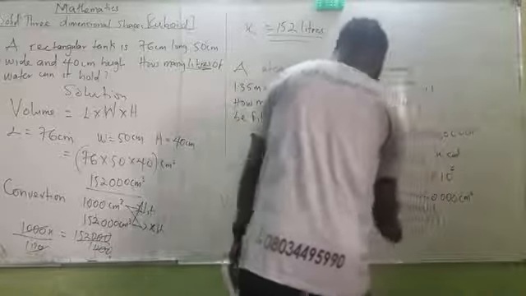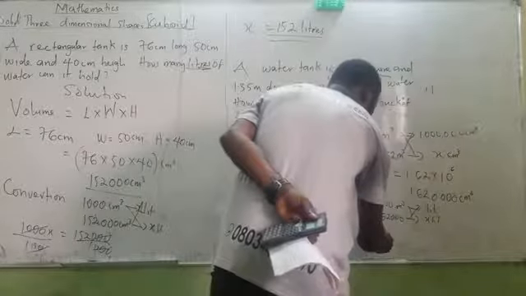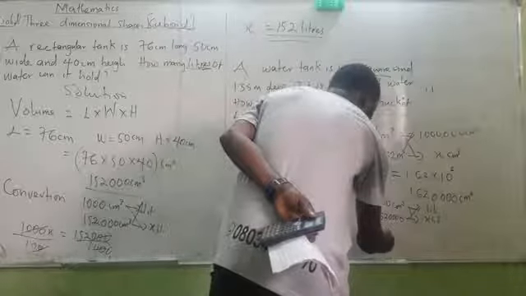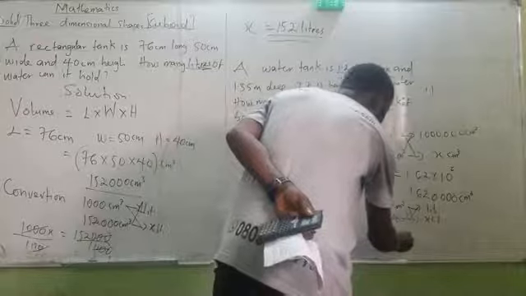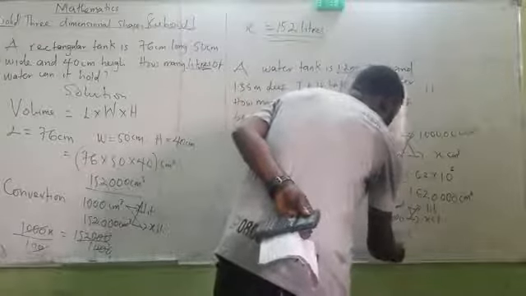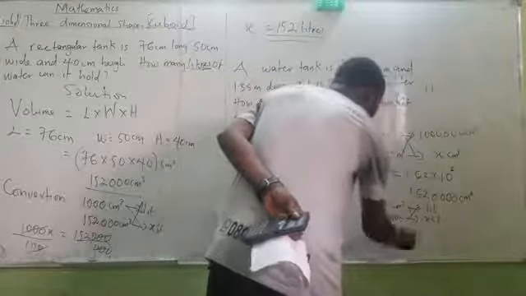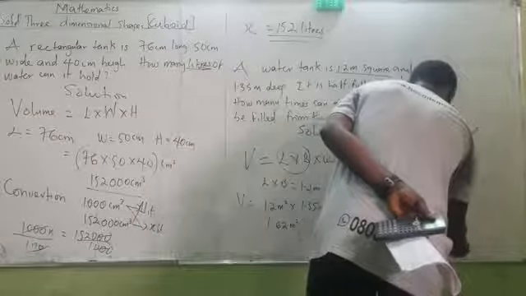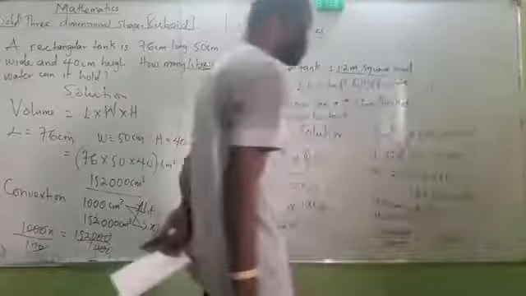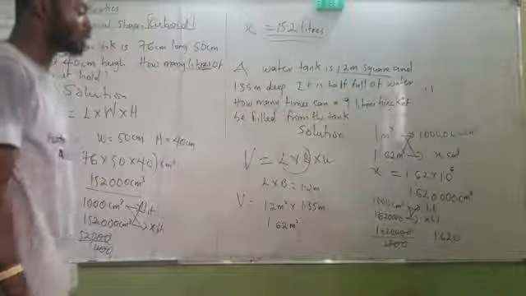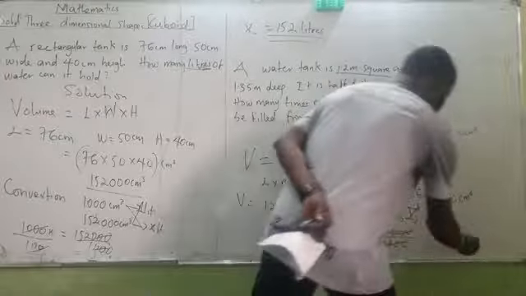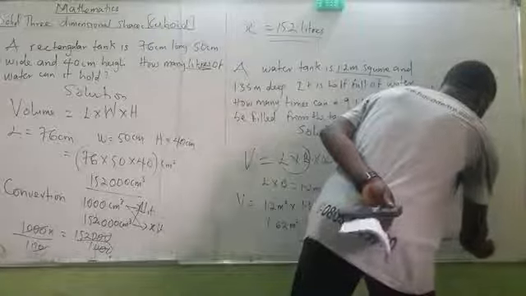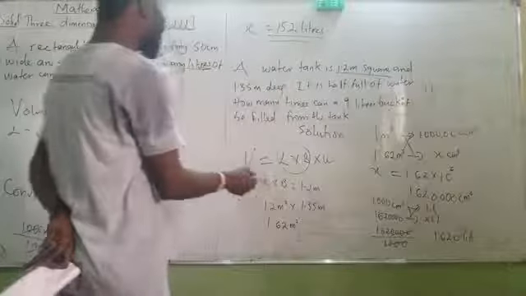Now, can you cross multiply? Which I'll be having 1,620,000 divided by 1,000. This will cancel this, which I'll be having 1,620 liters. Now, the tank is half.